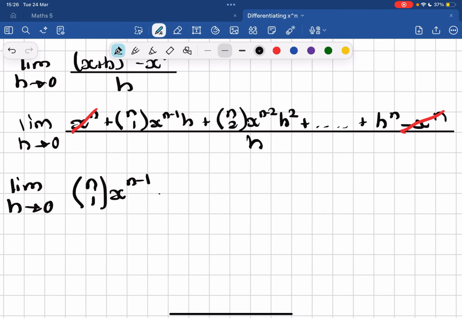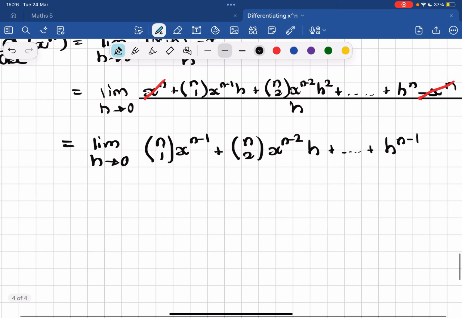plus n choose 2 x^(n-2) h^2 over h becomes h, plus ... up to h^(n-1). Now if you take the limit as h goes to 0, any term with an h will just disappear because h becomes 0.